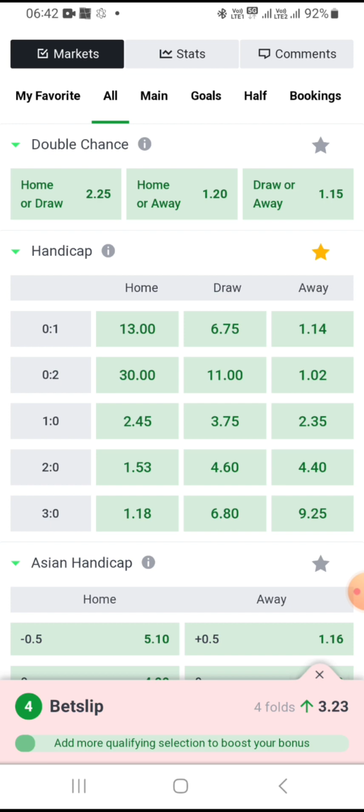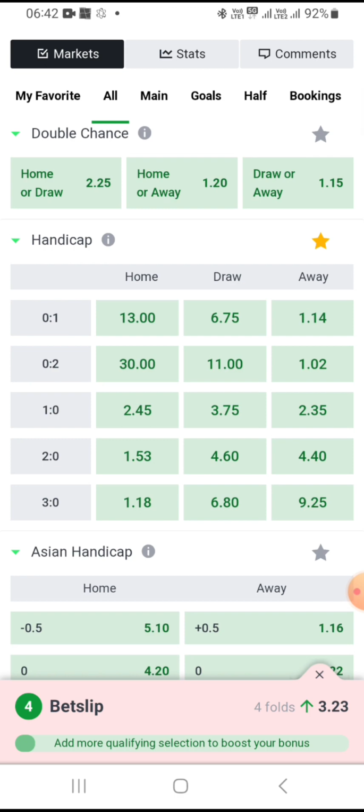Let's say 0-1. You are giving Tottenham, the away team, 1 to win. It means that if Tottenham wins 1-0, you are saying that you are giving Tottenham 1-0 to win.